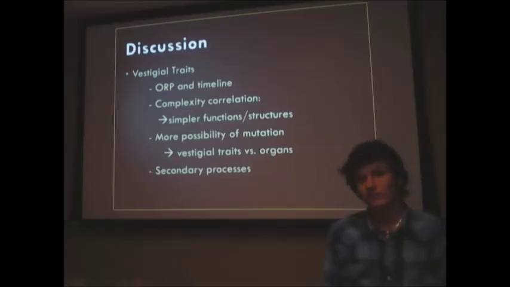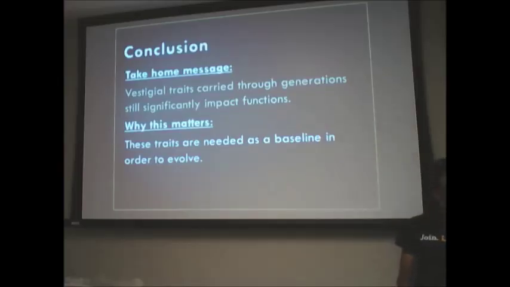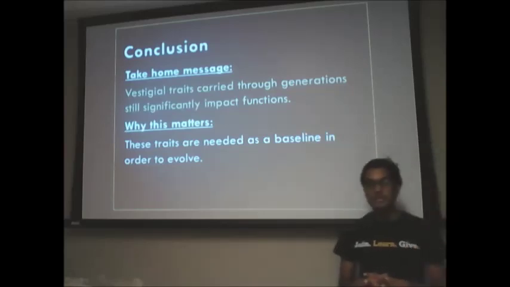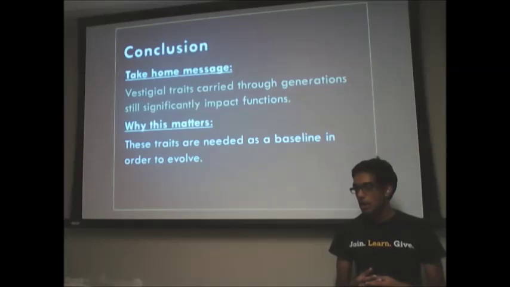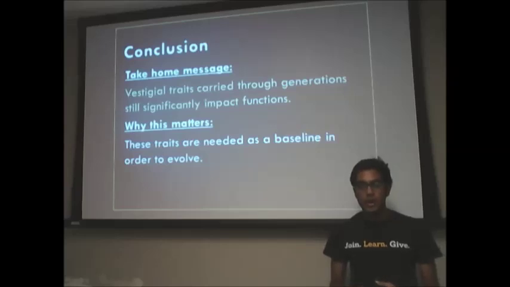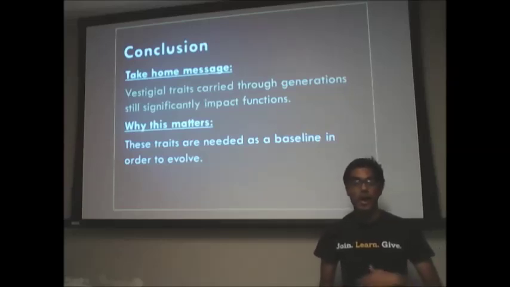So now we're down to the conclusion and the take-home message. What this basically indicates is that these vestigial traits, even though they might not be used for their original functionality, are still influential in the day-to-day lives of these individuals, and for evolution.